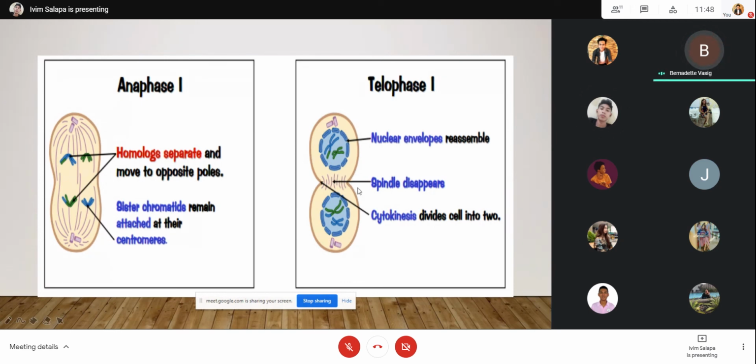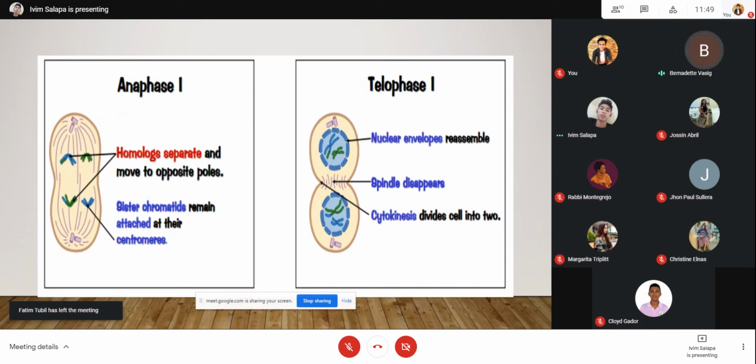Mr. Salapa, why is mitosis also known as equational division, whereas meiosis is reductional division?